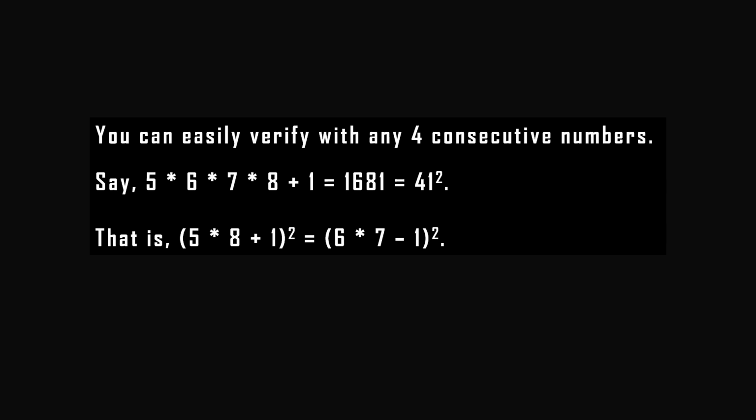Either 5 into 8, the smallest and the biggest, plus 1, or the product of the middle two, 6 into 7, minus 1. So this is how we get the square root. Applying this principle, we can easily solve the given question without multiplying all the four numbers.